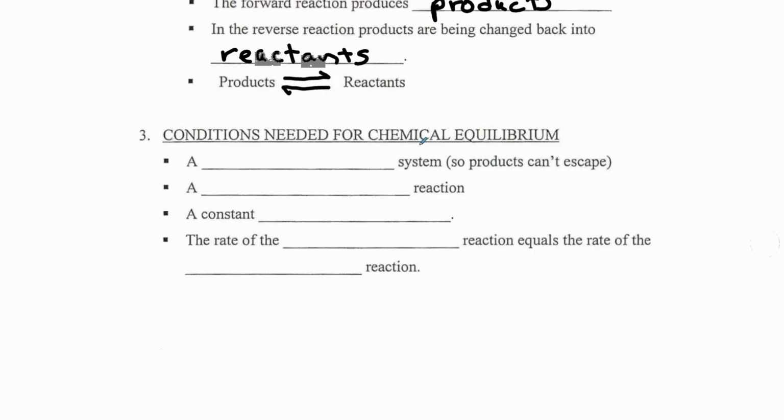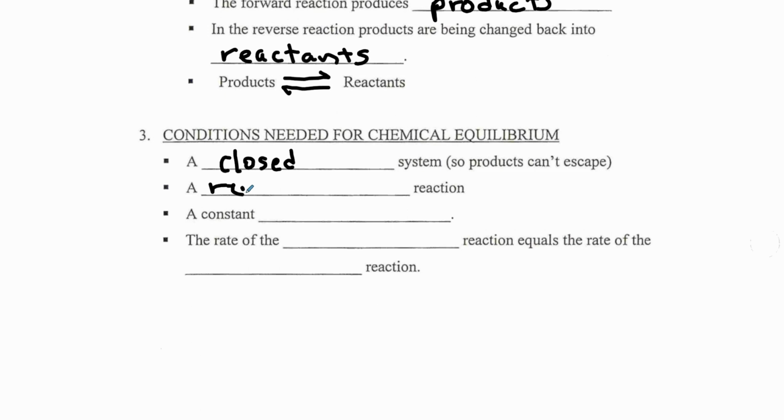So what do we need for this equilibrium to happen? Well, first, a closed system. You can't be allowing anything to escape, right? Or else it's no longer present to change back into the reactants. So a closed system, so the products can't escape. It must be a reversible reaction.